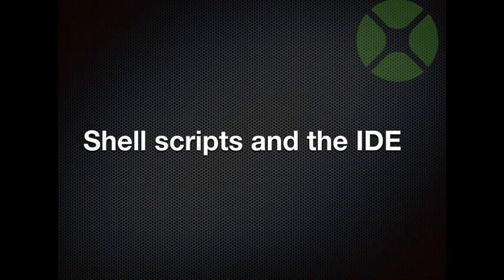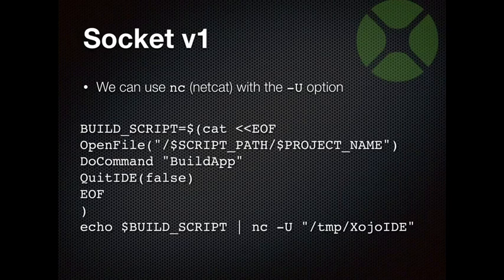All right, so going back to shell scripts and the IDE. I'm still going to go over socket version 1 because in some cases it's the right thing. It's the simplest thing you can do, and it works fine. So here I have an example where I'm just going to use the nc command, with -u.